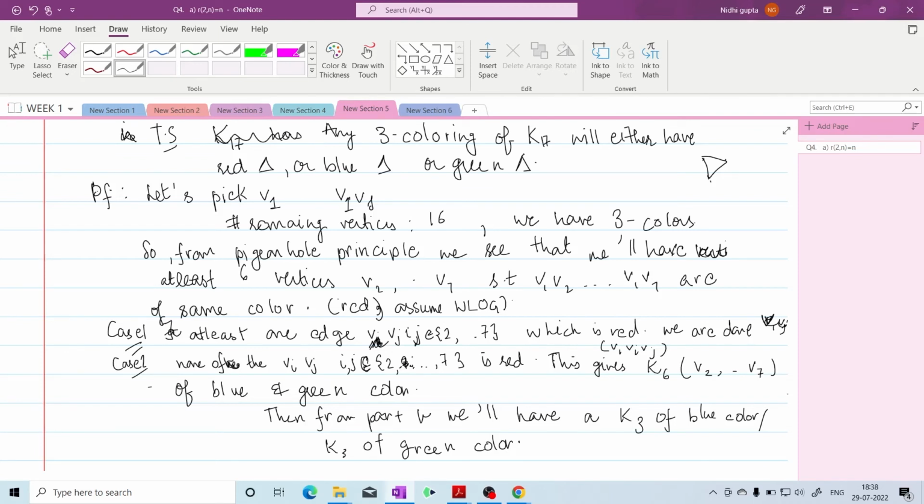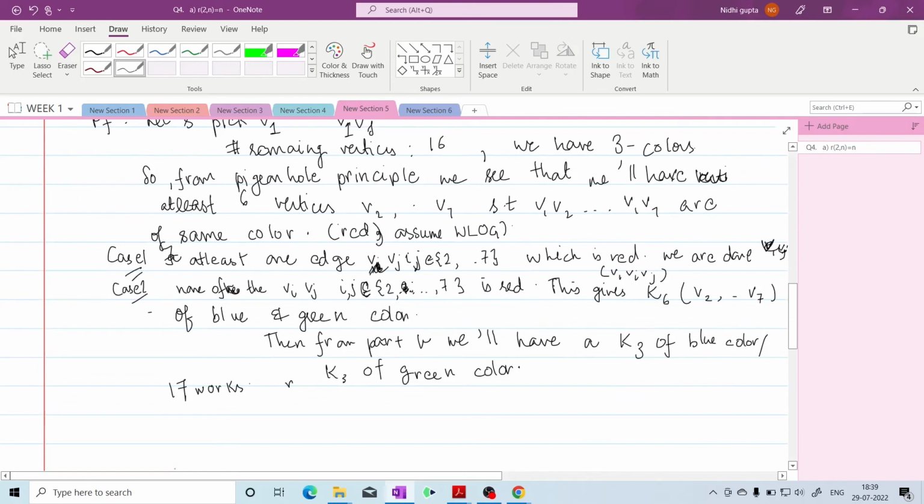So we have shown that 17 works. Therefore the Ramsey number R(3,3,3) is less than or equal to 17.